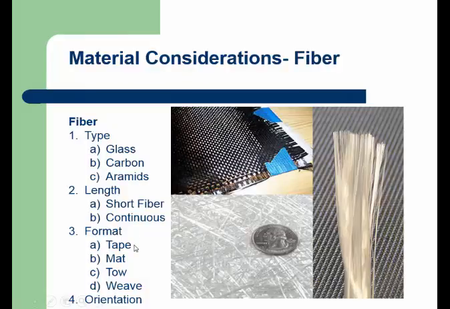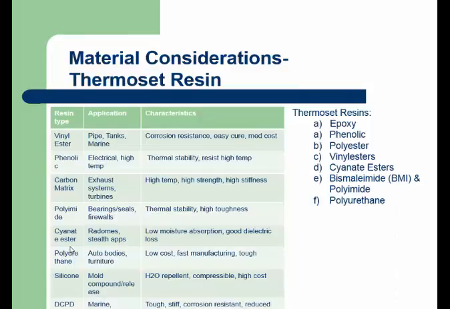We have unidirectional tape. We can weave this into a mat. We can present it as a tow or a roving if we're talking about glass fibers, or we can weave it into a cloth. The resin considerations for thermoset resins: this table will give you some of the high points of the different types of thermoset resins.